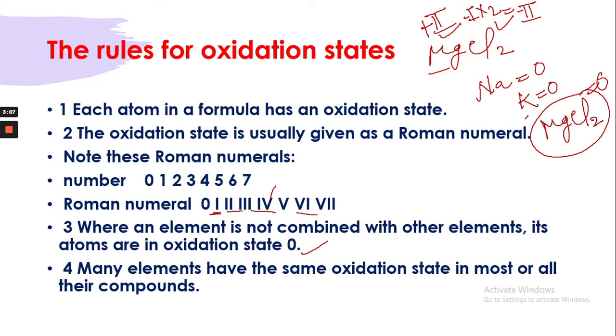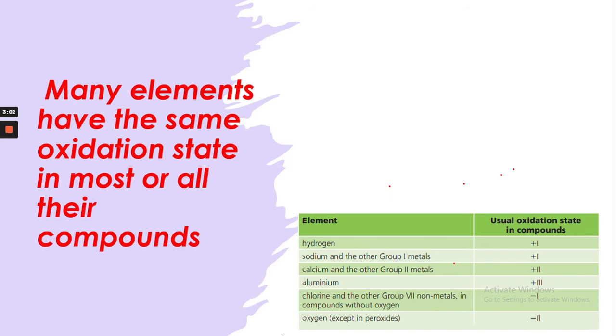Many elements have the same oxidation state in most or all their compounds. Hydrogen has the oxidation state +1. Sodium and all group 1 metals have oxidation state +1.